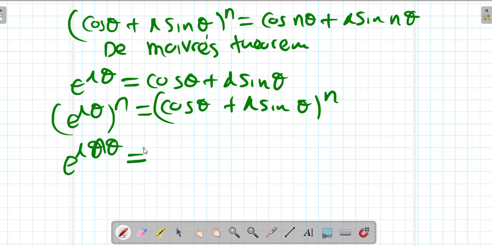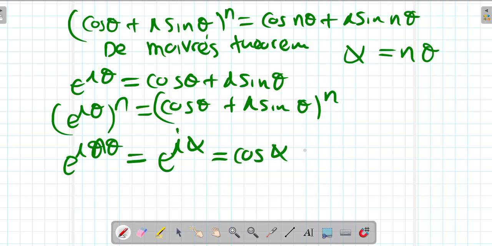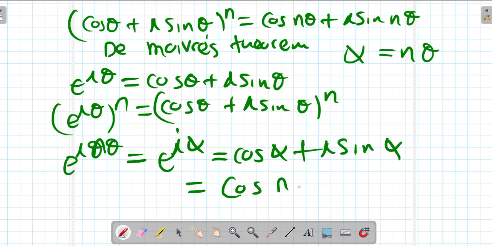This is also equivalent to e to the i alpha, where alpha is equal to n theta, and we know from Euler's formula that e to the i alpha is equal to cos alpha plus i sine alpha. So this is equal to cos n theta plus i sine n theta.